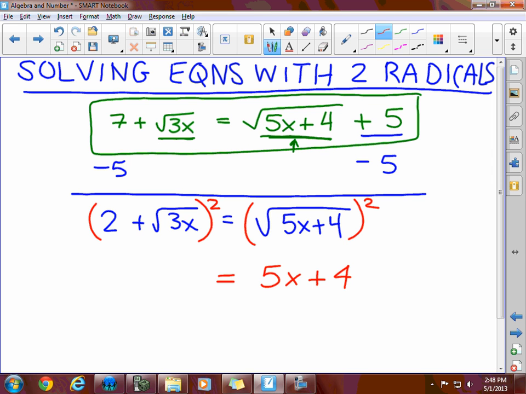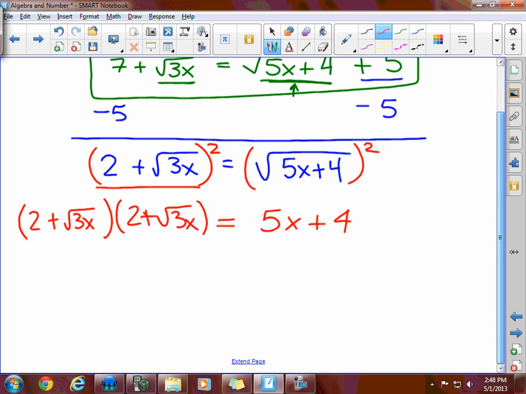Now this raises a little bit more work, because right here I have 2 plus the root of 3x squared, so that means 2 plus the root of 3x times 2 plus the root of 3x. So now I'm going to have to multiply out those two binomials.